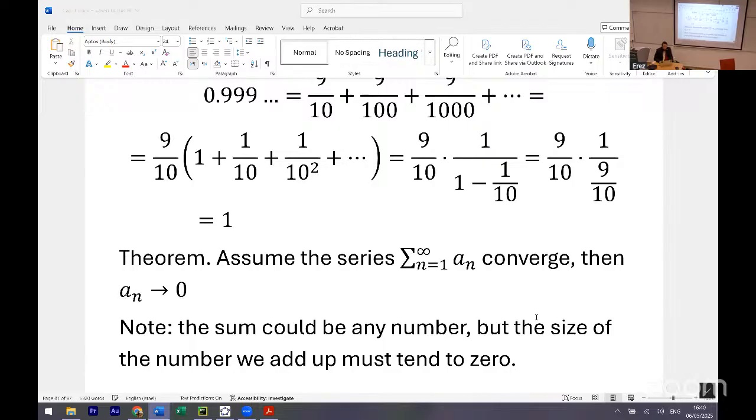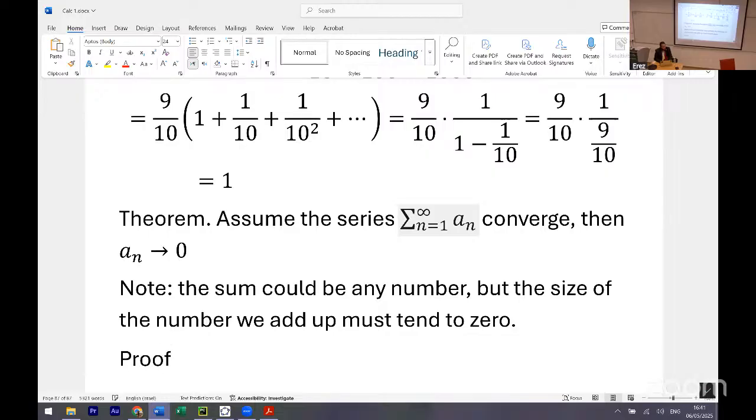Many times, students confuse that and think the sum is 0. No, the sum could be pi squared over 6. But the numbers we add up must tend to 0. First of all, it makes sense. If you wish to sum up an infinite amount of numbers, you better make sure they are small. Makes sense, but that's not the proof. The proof will be as follows.